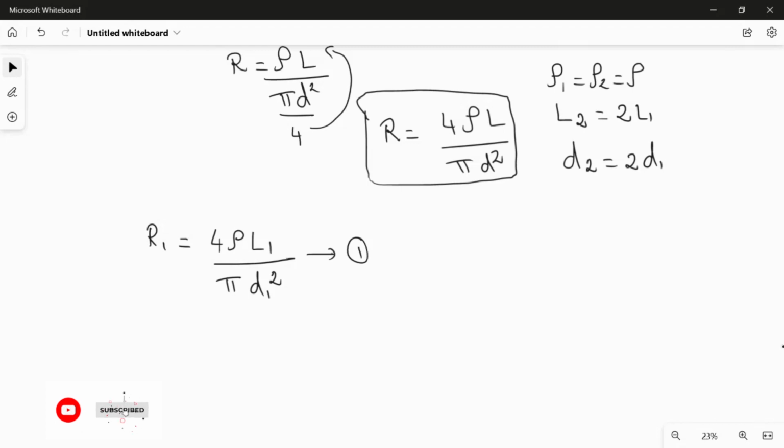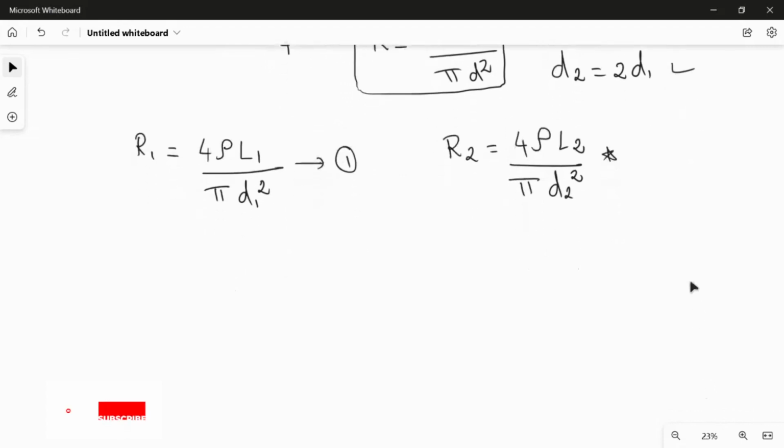Likewise, I write the same for the second wire: R2 is equal to 4 multiplied by resistivity rho, and in place of L1 I take L2, over pi multiplied by d2 squared. Now I substitute the values of L2 and d2 in this equation.